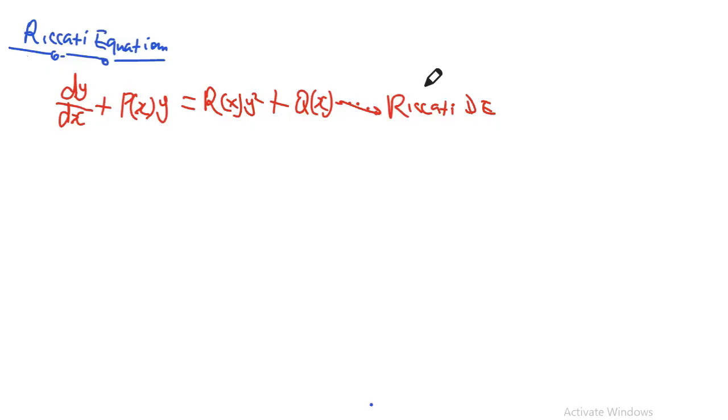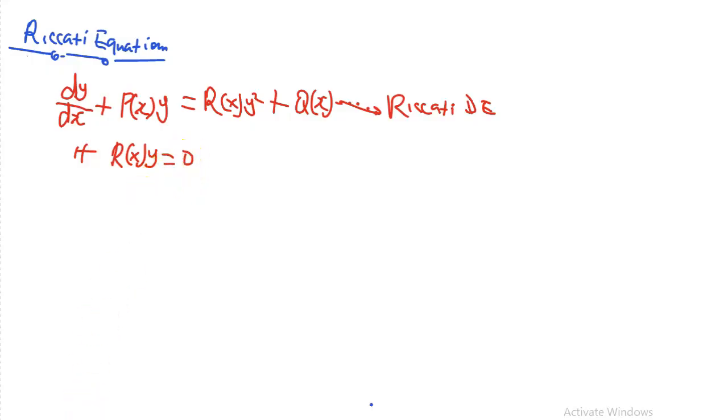Usually, reducing a Riccati differential equation to linear order is easier than reducing it to Bernoulli equations. So let's say that I let r(x) be equal to 0.